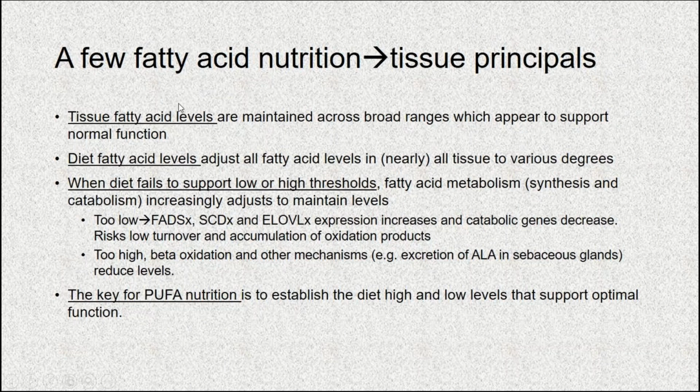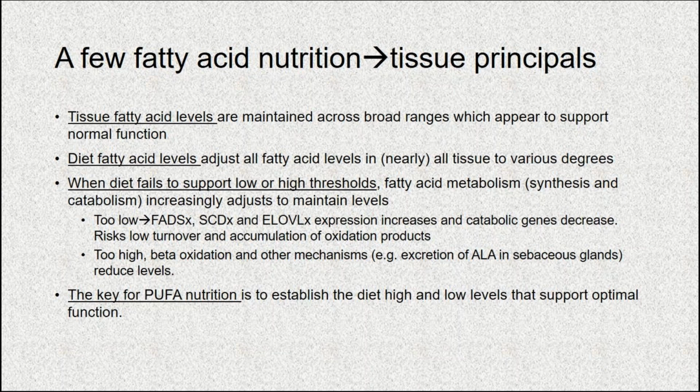It's worthwhile reviewing a few principles of fatty acid nutrition, as regards tissue concentrations. So tissue fatty acid levels, as opposed to dietary fatty acid levels, I'm going to make a contrast between the two. Tissue fatty acid levels are maintained across broad ranges which appear to support normal function. And so we don't have very tight concentrations that only support certain functions.